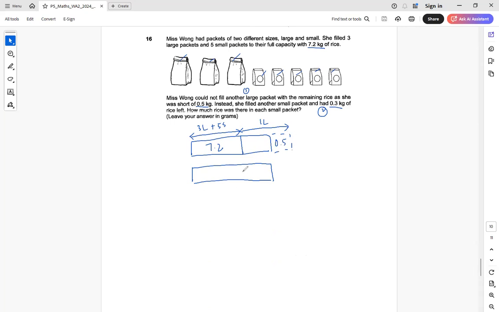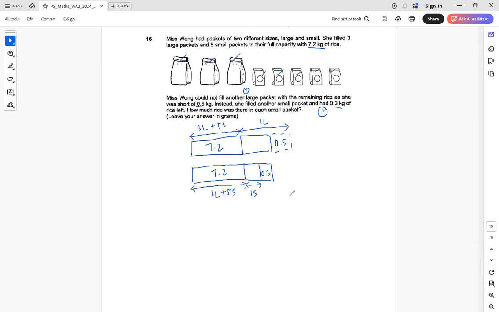Second scenario, she also filled up the 3 large and 5 small, same as the first scenario. But this time, she filled another small packet and had 0.3 kg of rice left. So she can fill up one more small, and she actually had rice left, 0.3 kg will be the leftover here.